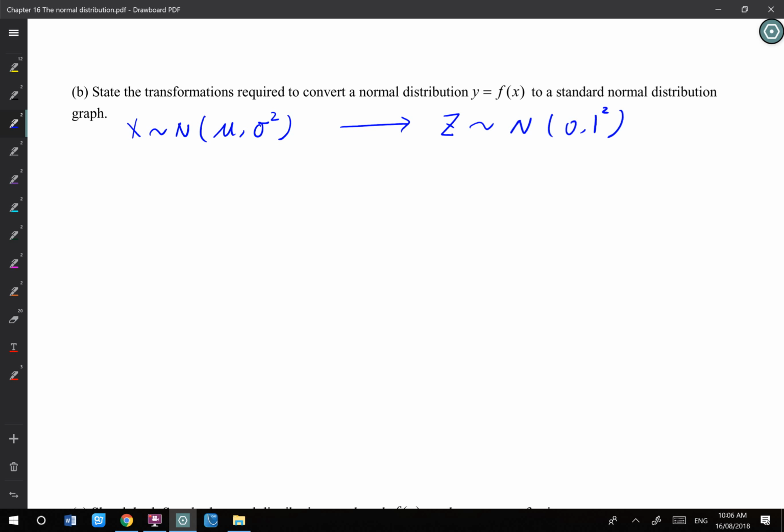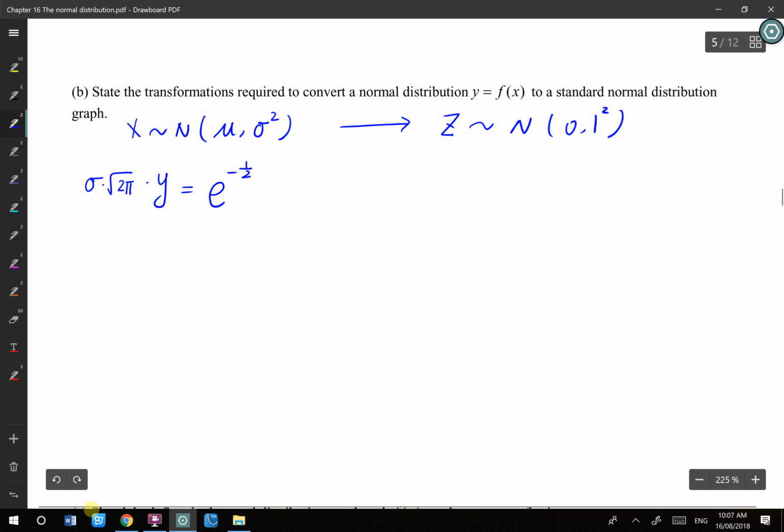So what I will have on this side is sigma times square root 2 pi times y equals e to the power of negative a half ((x minus mu) over sigma) squared.